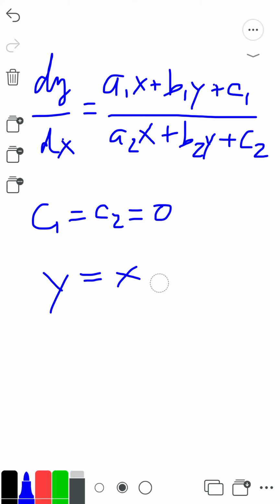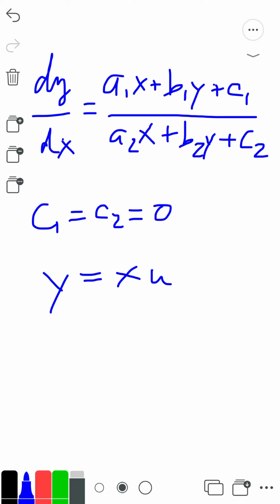You can use whatever variable you want. You can substitute y equals xu to turn it into a separable equation, and I'll leave it to you to work it out. It should be pretty straightforward.